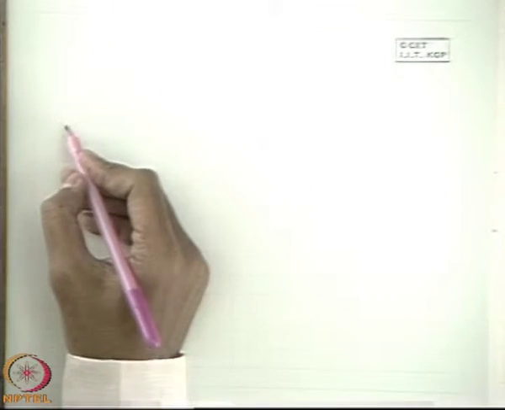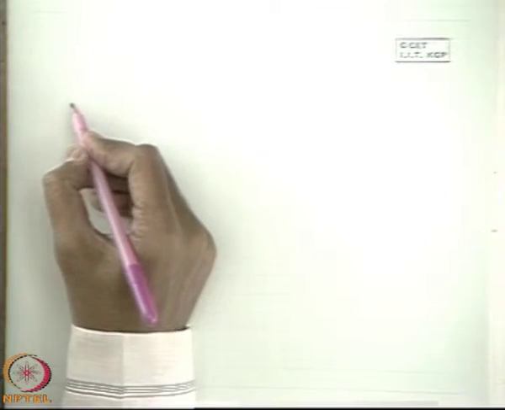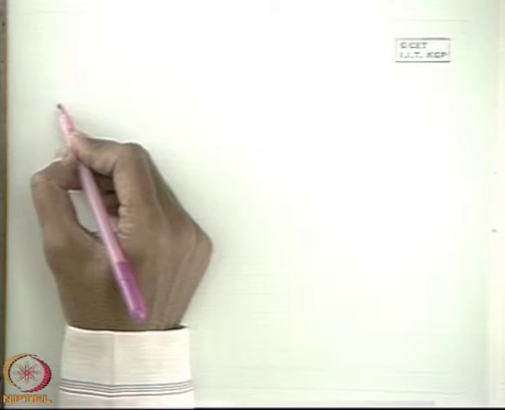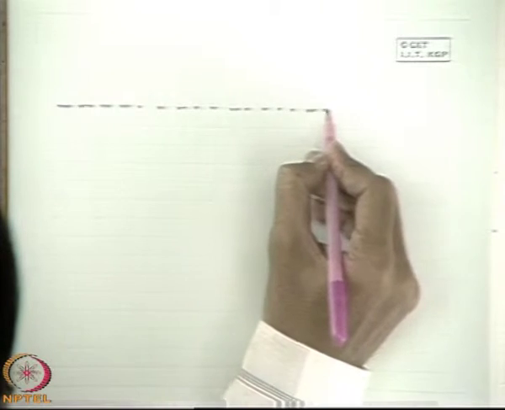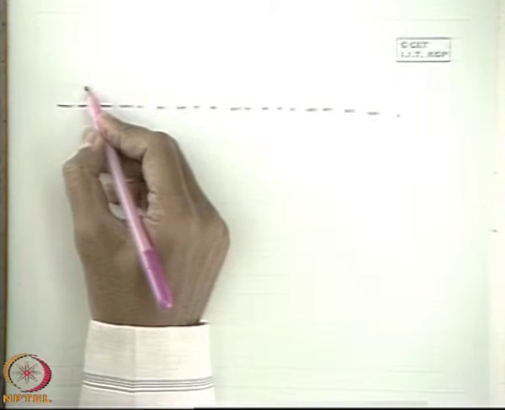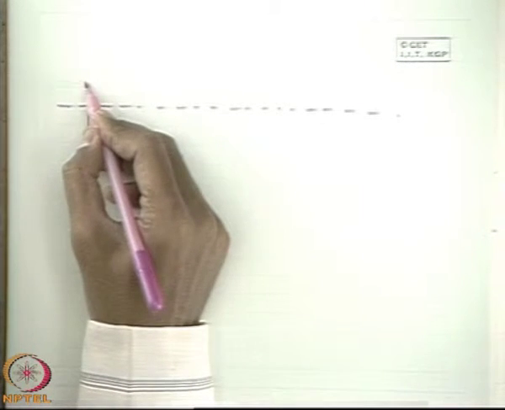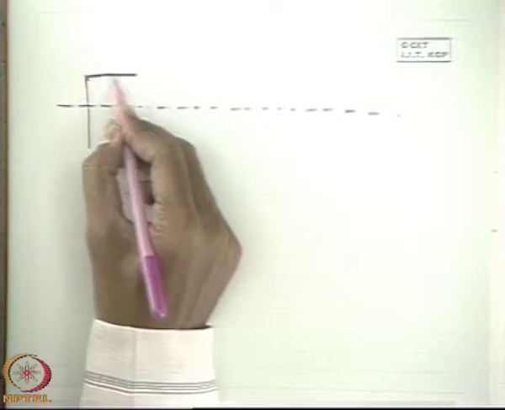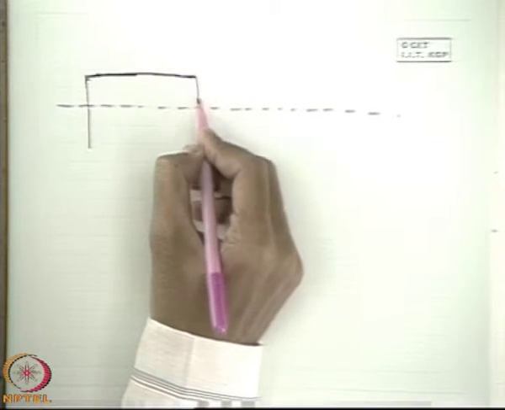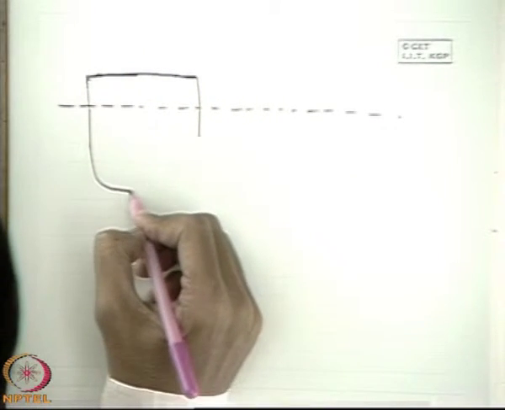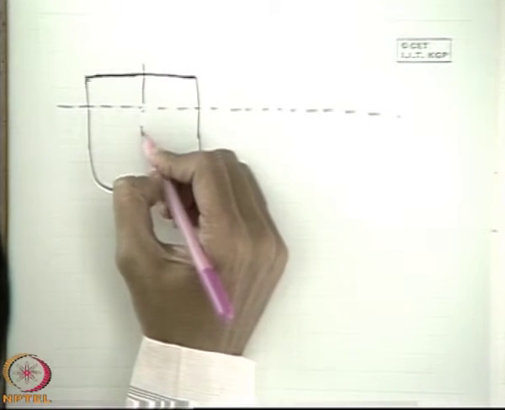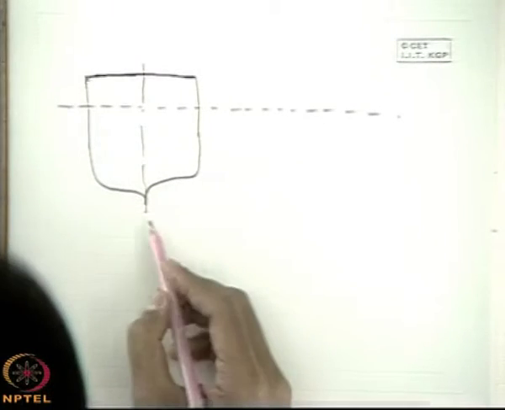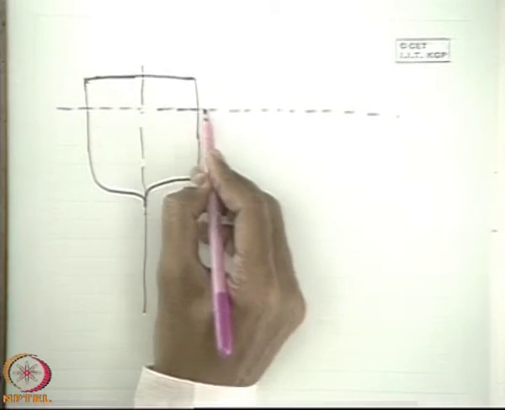Well, again we make the same thing, that this is the body, we have the floating body like this. Take a cross section of a ship, this is the plane area.